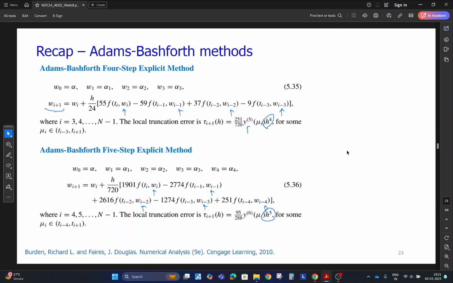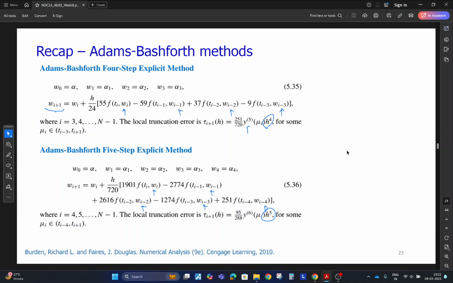For the current iteration, Wi plus 1 is given as Wi plus h by 24 times 55 times the value of the function at ti comma Wi, minus 59 times the value of the function at ti minus 1, Wi minus 1, plus 37 times the value of the function at ti minus 2, Wi minus 2, minus 9 times the value of the function at ti minus 3, Wi minus 3. Here, the local truncation error equals 251 by 720 times the fifth derivative of y evaluated at mu i times h power 4, for some mu i belonging to the open interval ti minus 3 and ti plus 1.